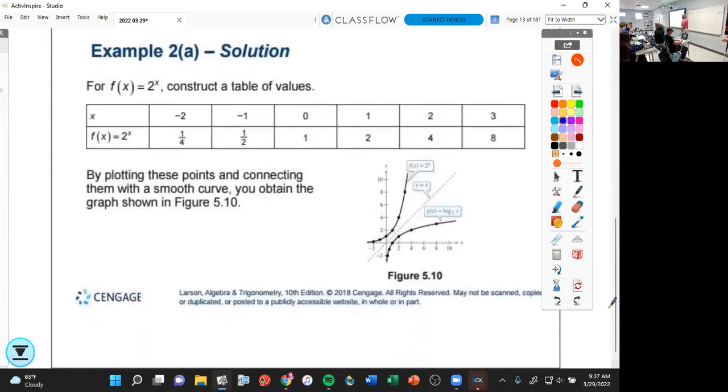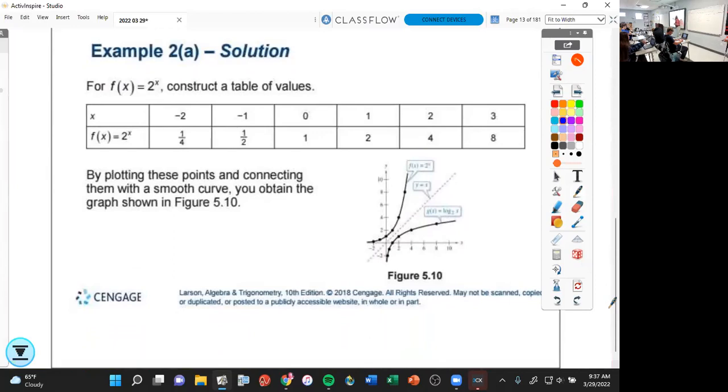Okay. Here's what it would look like if you constructed a table and just plotted some points. Plot the points, sketch your graph, reflect those points. So if -2, 1/4 is on the graph of 2 to the x power, if you switch those, you get 1/4, -2. 1/4, -2 is right there.